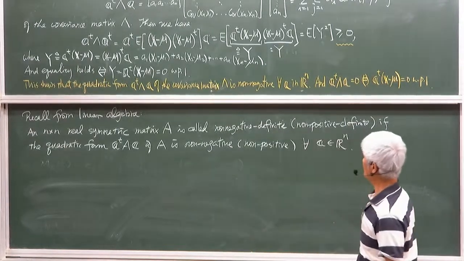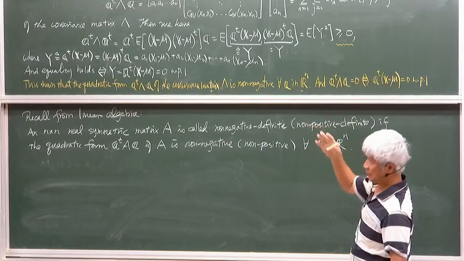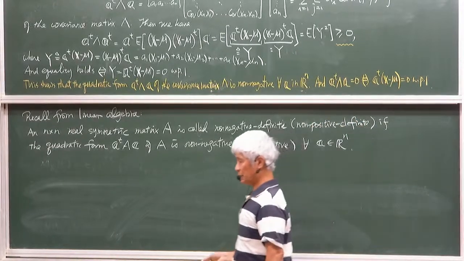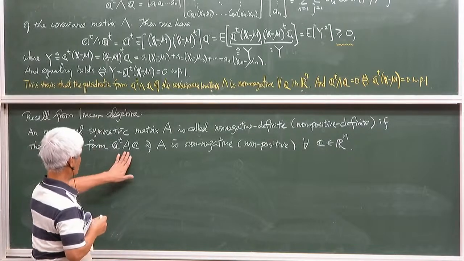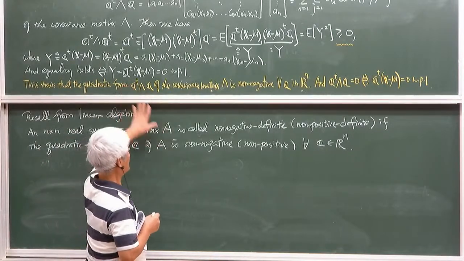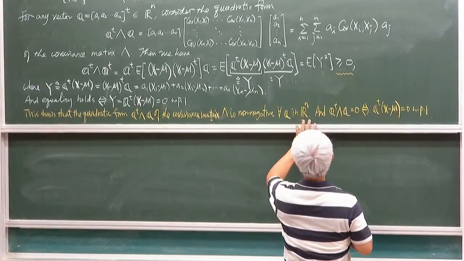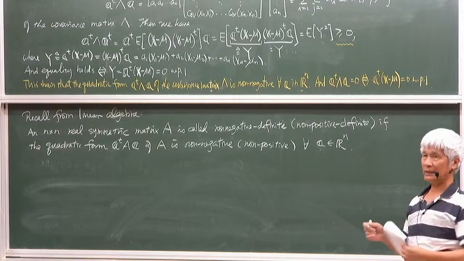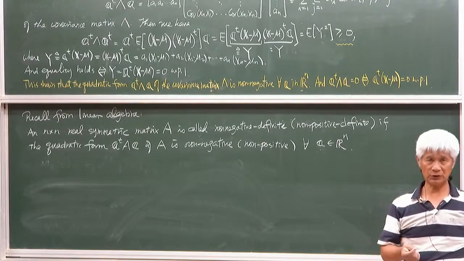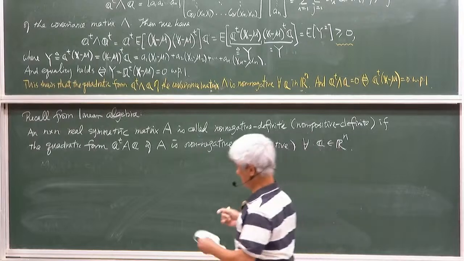Okay. So from this definition, since the covariance matrix is a real symmetric matrix, and the quadratic form of lambda is non-negative for all a in Rn, any covariance matrix is a non-negative definite matrix. Okay, so from this definition.